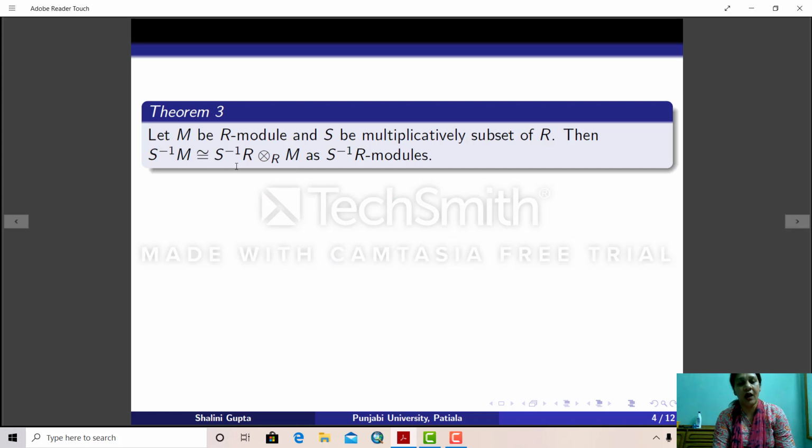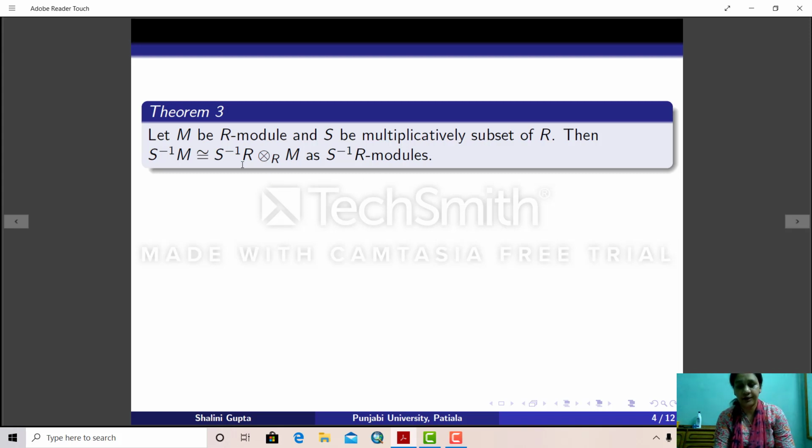Now suppose M is an R module and S is a multiplicatively closed subset of R. Then S inverse M is isomorphic to S inverse R tensor M over R as S inverse R modules.